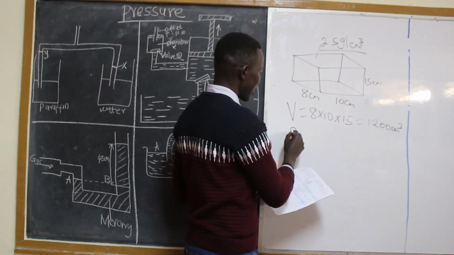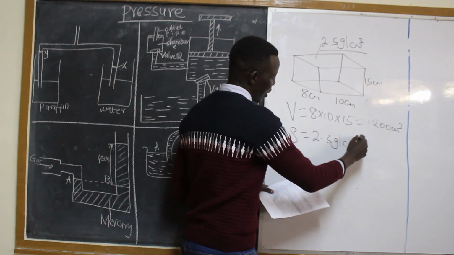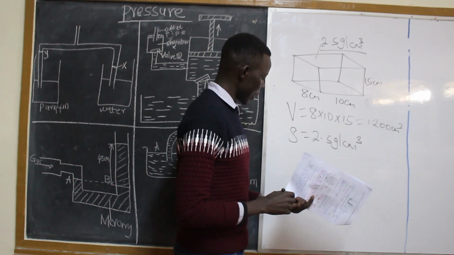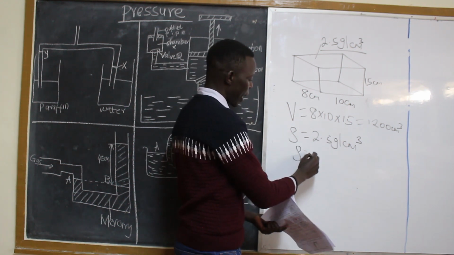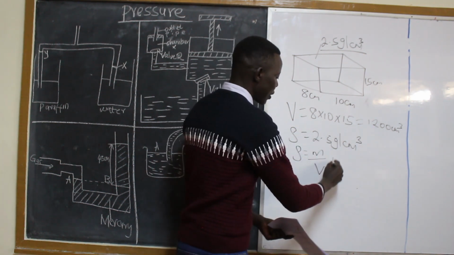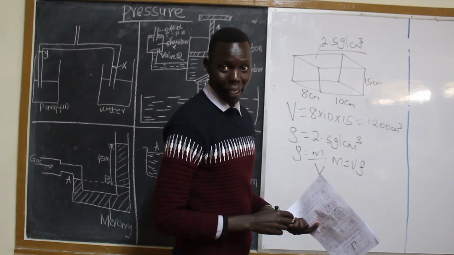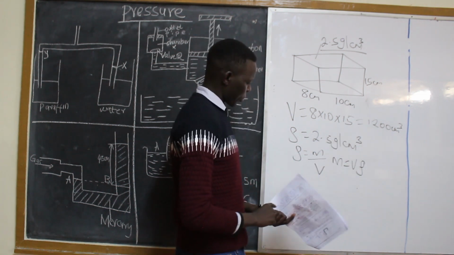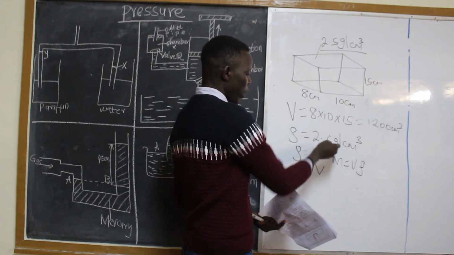Now density is 2.5 grams per centimeters cubic. Density is given by mass over volume, so mass is given by volume times density. Are you getting it? We have the volume as 1200, density as 2.5.